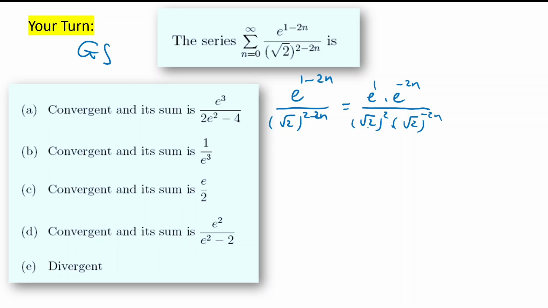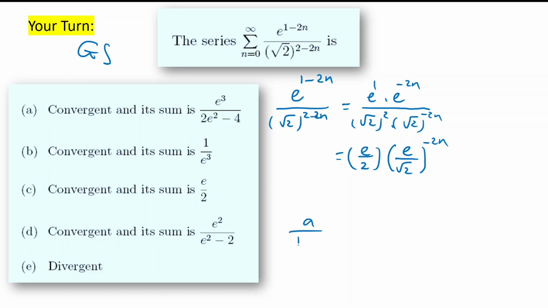Okay, good. Anything without n, I could just combine them as a constant term. So this equals e over 2. Now these two, I could write them as e over radical 2 to the power of negative 2n. Okay, I could combine them with the same power.